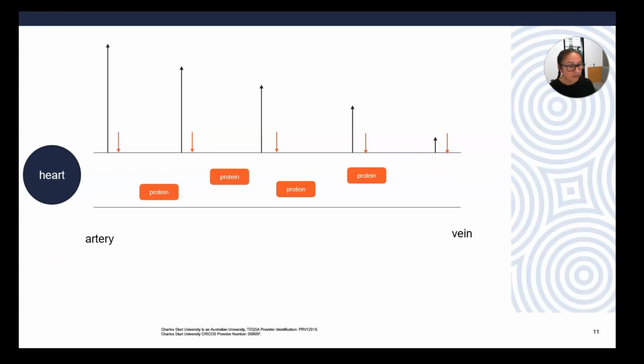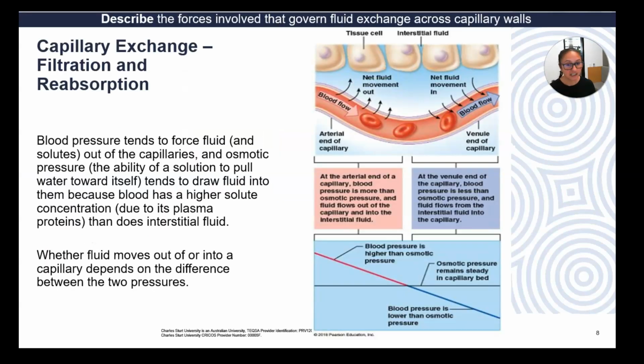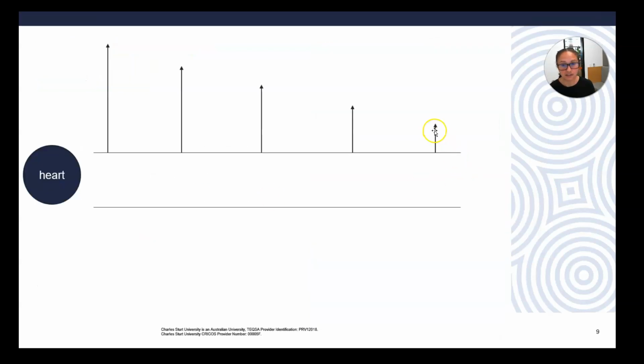If we have a look at this picture again, here fluid moves out. At some point, an equal amount of fluid moves in and out. And then at the venous end, fluid comes back in. That's what I wanted to teach you with these drawings.